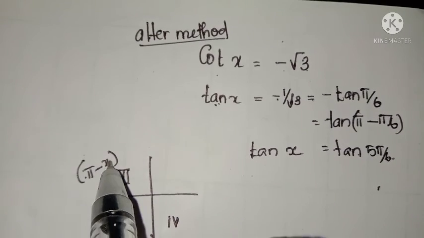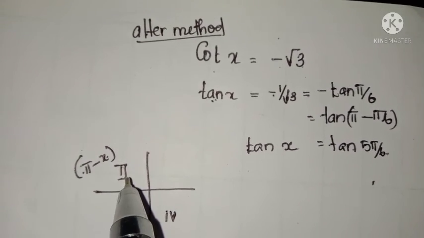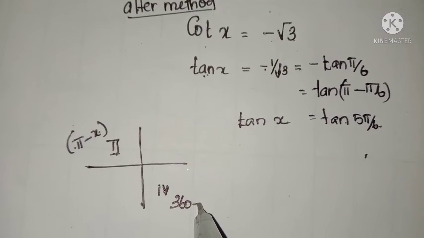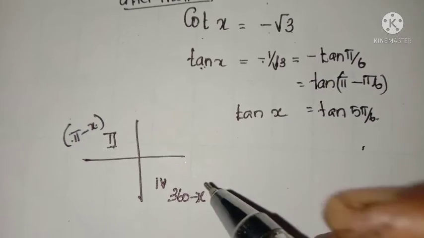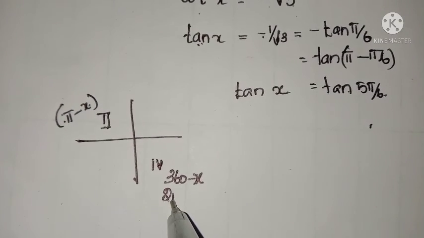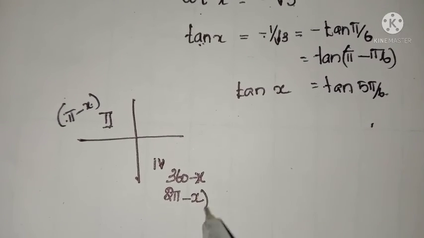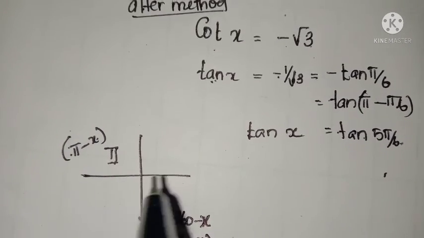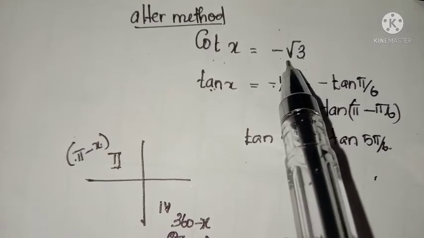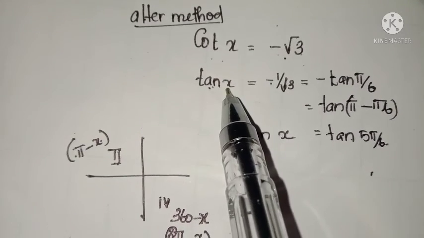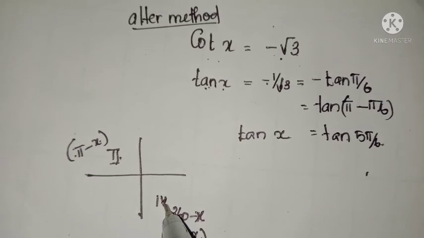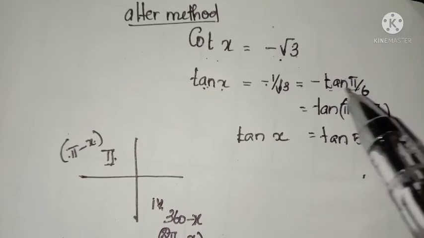And 360 minus x, that is 2 pi minus x values, lie in which quadrant? Fourth quadrant. So tan ratio is negative means the values of x lie in the second quadrant and the fourth quadrant.